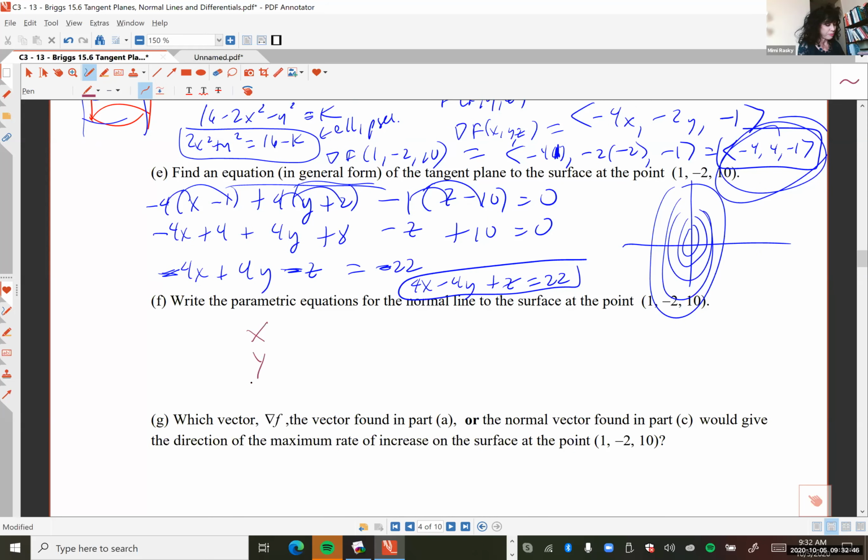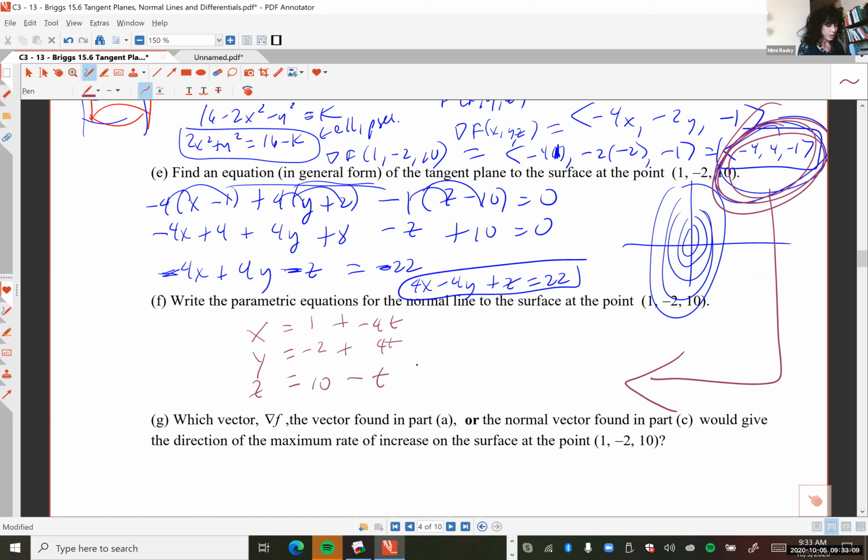So you don't really have much to do here when they're asking you to find the parametric equations for your normal line. You've got your point, so I just put those coordinates down, and then use your 3D gradient, that would be this one up here. And that helps you get the coefficients of your parameter t. So there you're done with letter F.